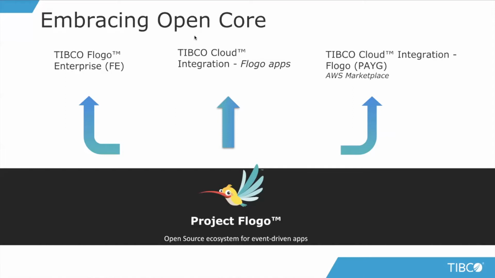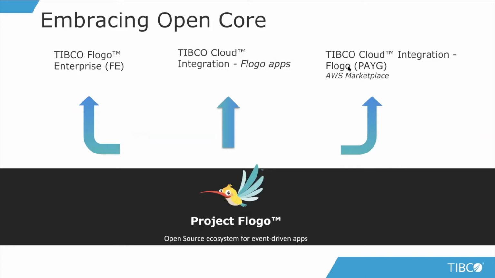Okay, sorry for that. So as I was saying, there are 3 commercial offerings, open core offerings that are based on Project Flogo. Flogo Enterprise, which gives you maximum flexibility in terms of deployment. You can deploy Flogo apps on any container platform or serverless ecosystem of your choice. Using TIBCO Cloud Integration, you can develop Flogo apps and run them on a TIBCO Cloud Integration environment.